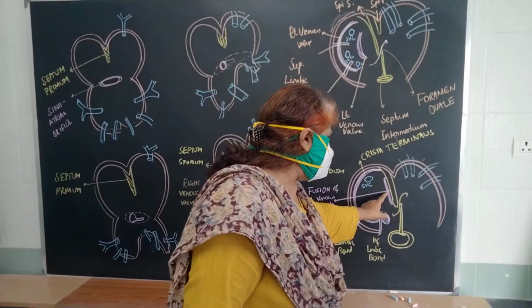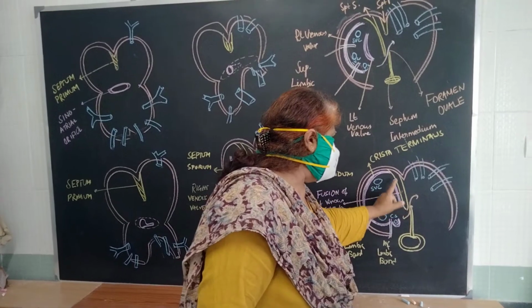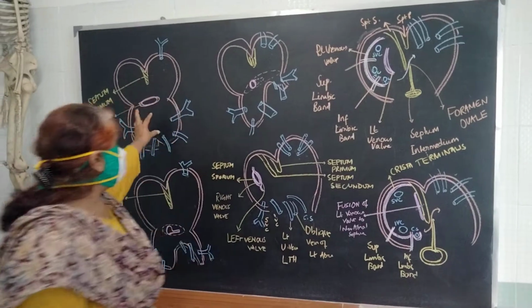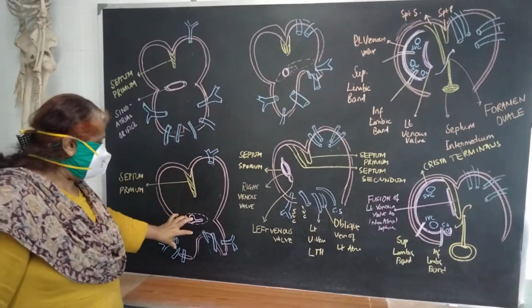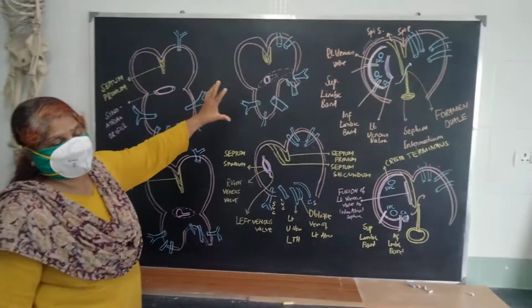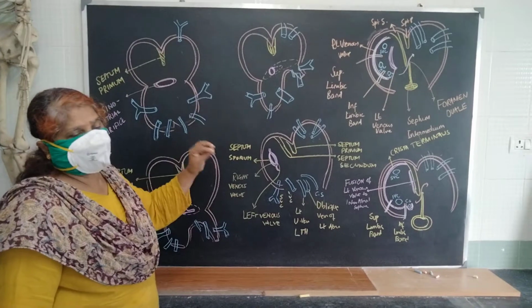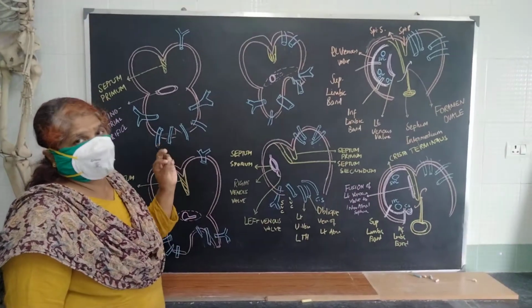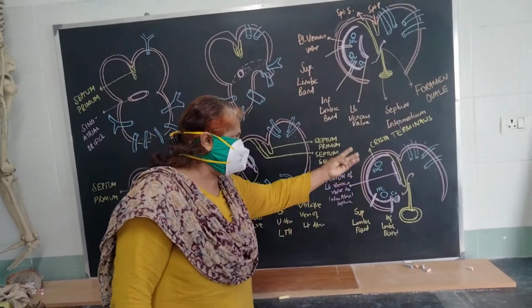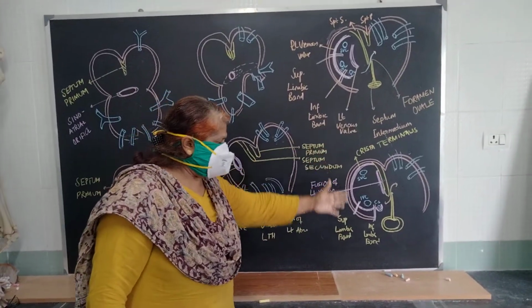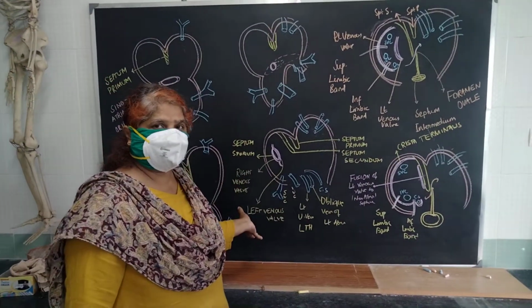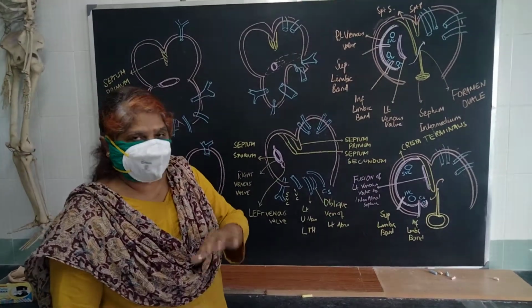What happens to the left valve? That is merged with the septum secundum forming the interatrial septum. So this is how the fate of the sinus venosus is, the shape of the sinoatrial orifice, the valve enclosing the sinoatrial orifice, how the septum primum appears, septum secundum appears, septum intermedium appears, and how the common atrial chamber is divided by the interatrial septum into the rough part of the right atrium and rough part of the left atrium.